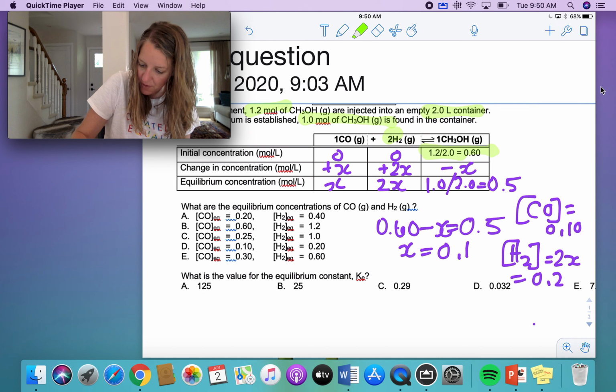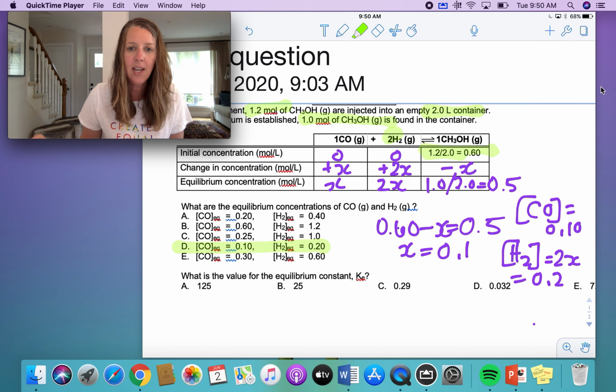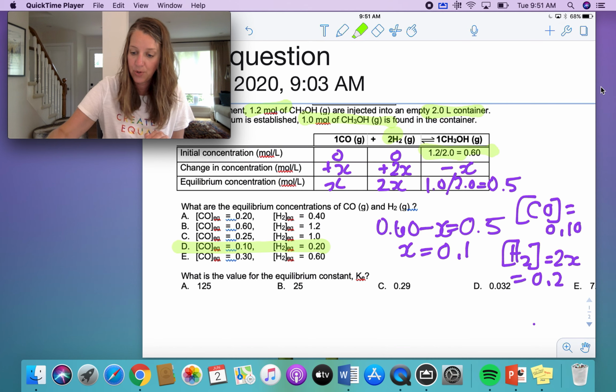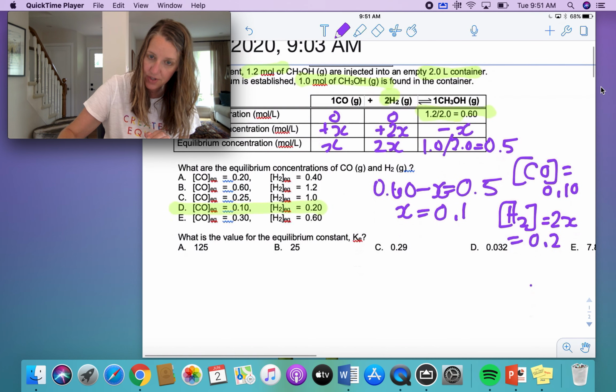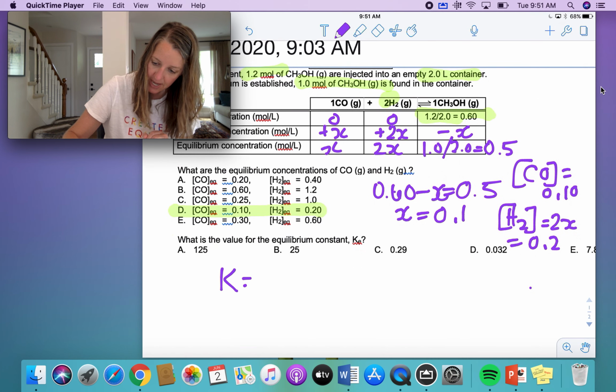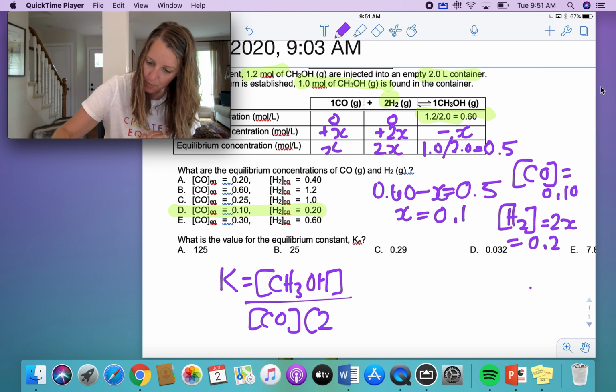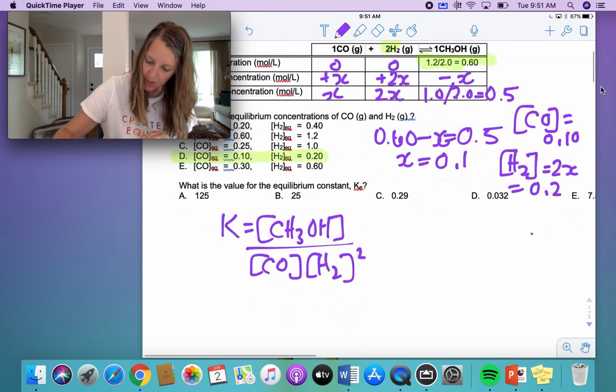So the answer for the first one was D, our equilibrium concentrations for the two gases. What would be the value for K? Now that you know your equilibrium concentrations, you set up your K expression. K equals CH3OH over the concentrations of your reactants. That is just our H2 to the exponent 2.